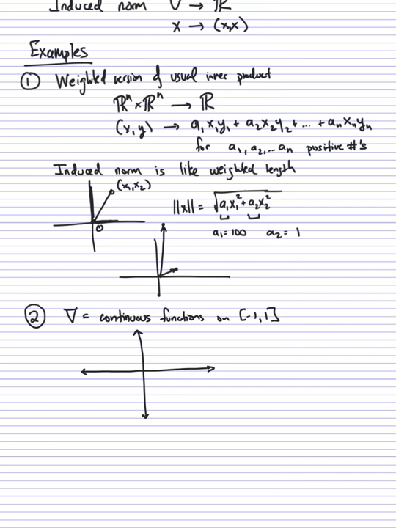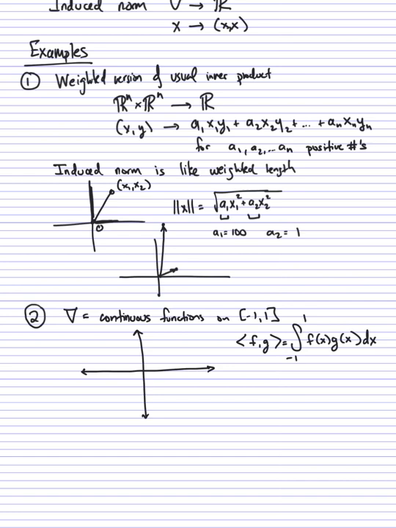Then the inner product of them is just the integral from -1 to 1 of f of x times g of x. So notice this vector space is infinite dimensional. It doesn't have a finite basis, okay?